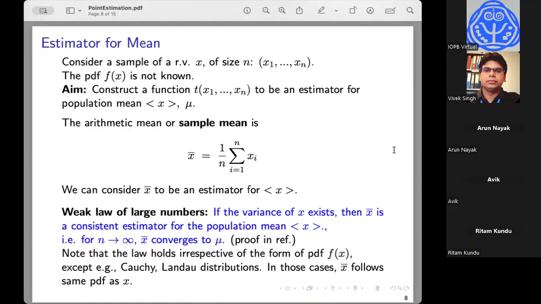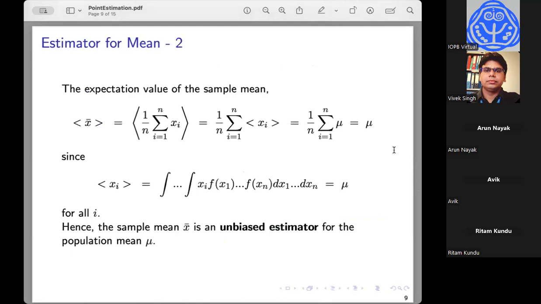Now let me go to the next. Here we can show that if you calculate the expectation value of this sample mean, x bar, the average, then it will be equal to mu.